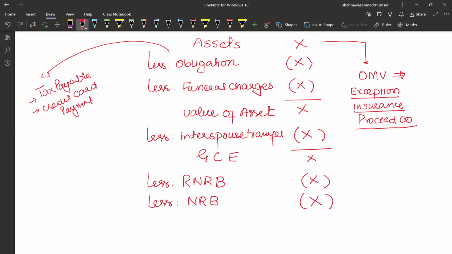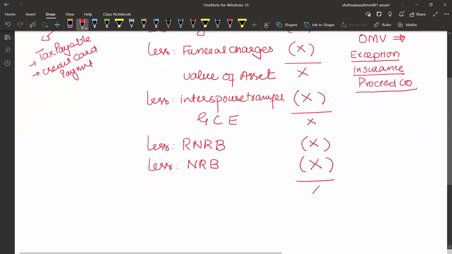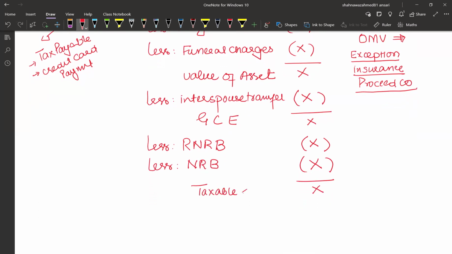So for both RNRB and NRB, we have to compute. After this, we'll get a figure called the taxable estate. On this taxable estate, we have to apply the IHT rate, and the IHT rate at the time of death is 40%.